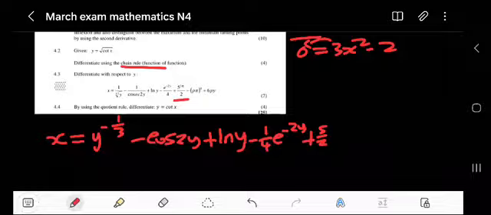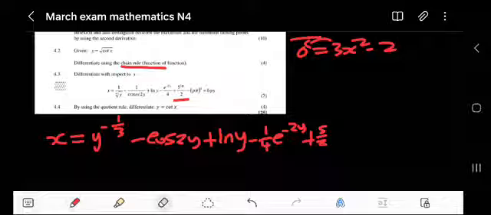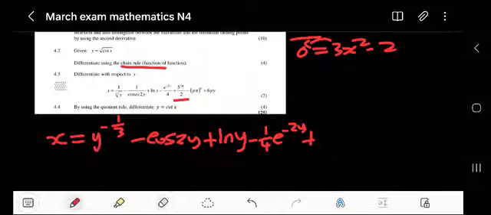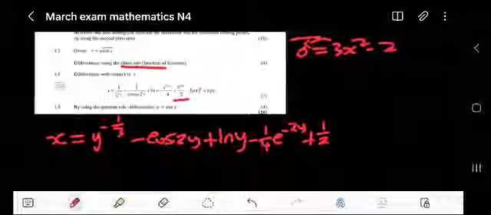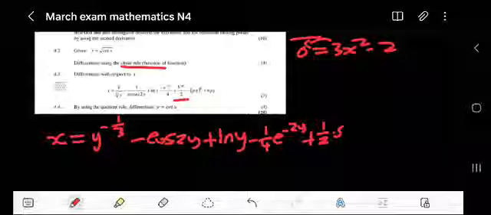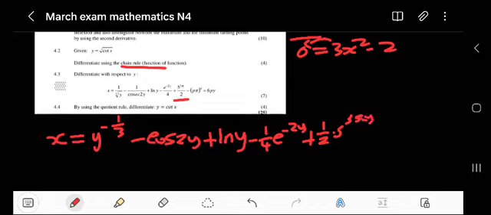This is the same as 1 over 2 multiplied by 5 over 3 pi y minus pi 0 plus 6 pi y.